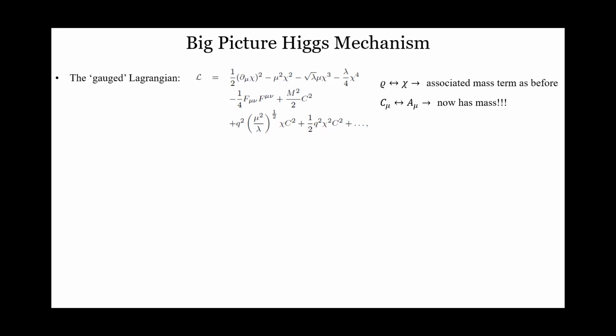And this C came up when we redefined the other gauge field, A mu, as C mu, and C squared is nothing but the dot product C mu C mu. And that term has now got an associated mass term. So this term here is important. This is an effect of C mu apparently having a mass from the Lagrangian. So this was not the case. A mu was just a gauge field, it did not have a mass term.